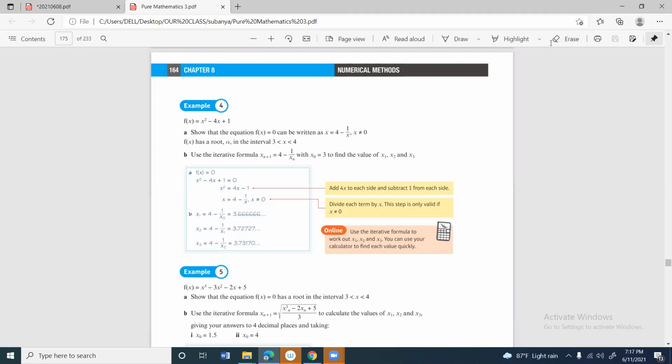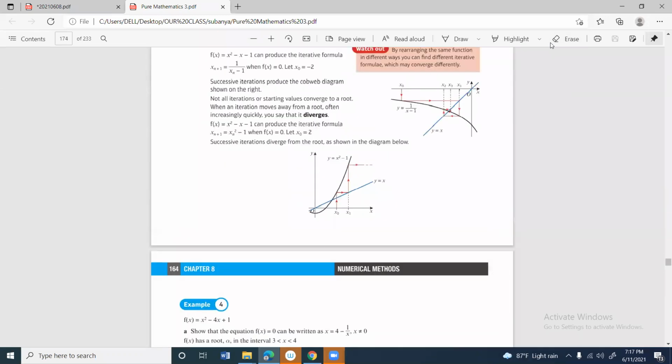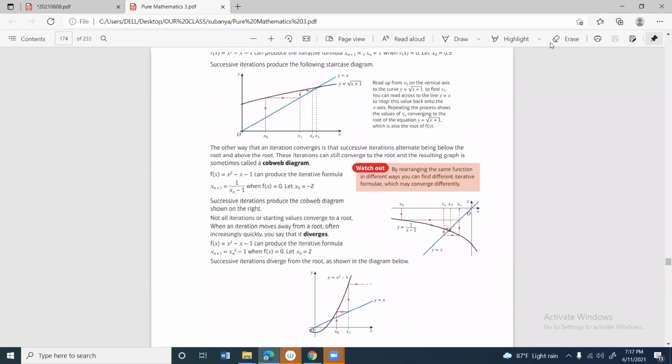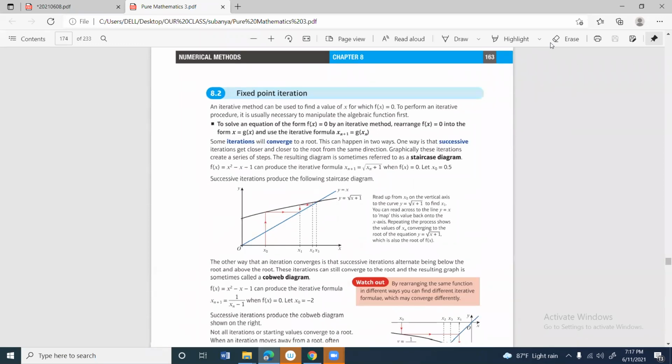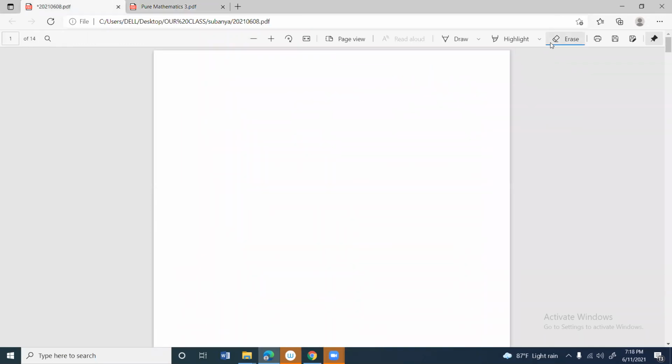Right, okay. Today our topic is to learn about formulating an iterative formula and finding the solution of an equation.